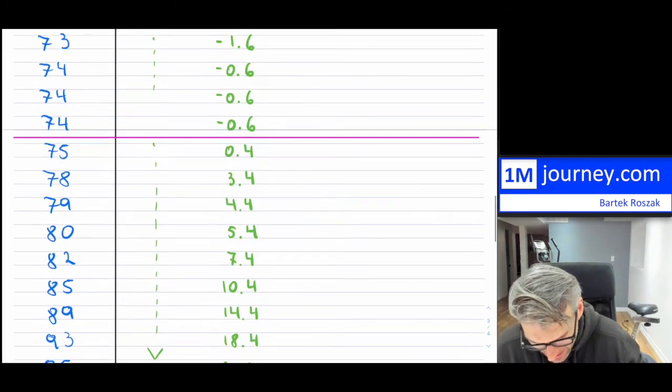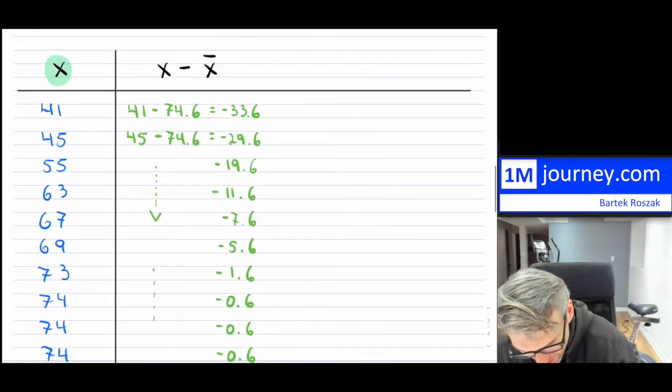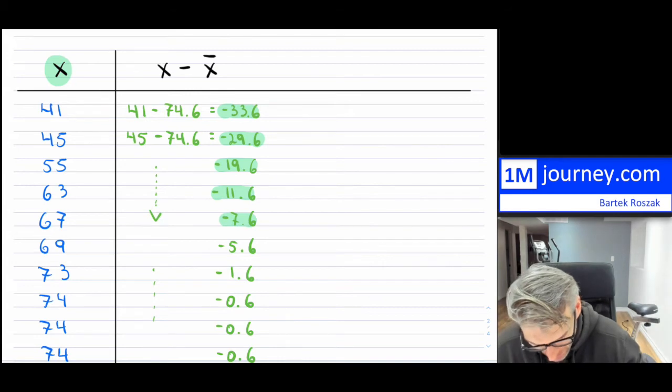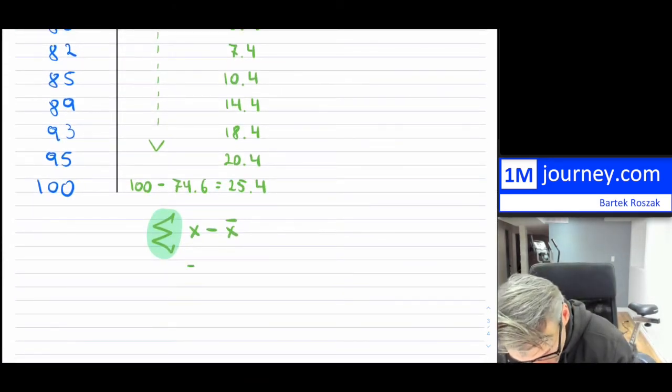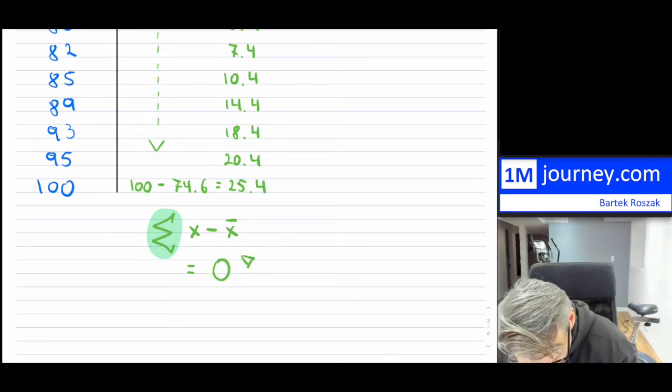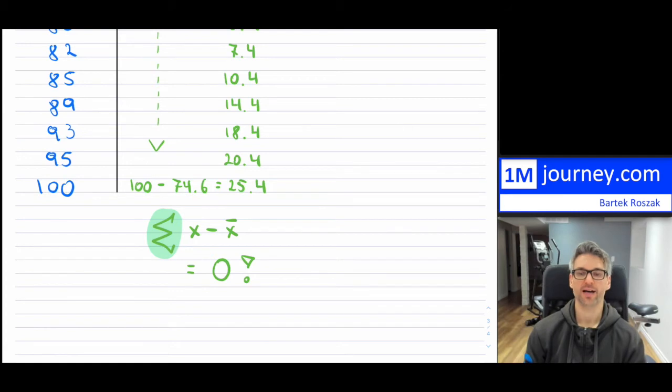If I added all of these and went all the way down, then I would find something very interesting. If you would add all of them, you would find that your answer would actually be 0. So that's pretty neat, to be able to see that.